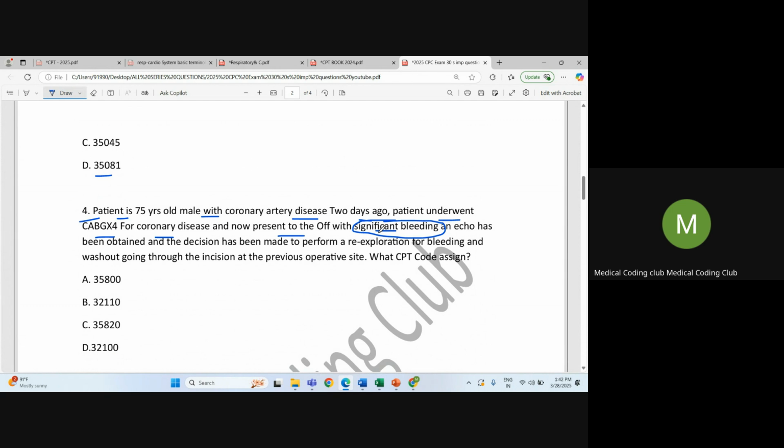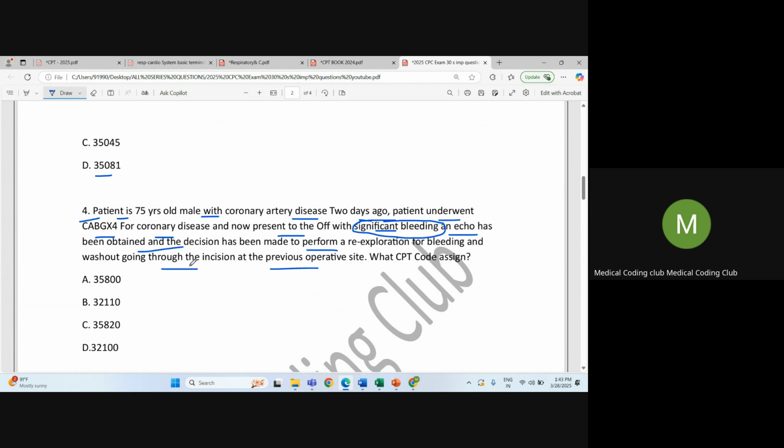After a CABG procedure, the patient may develop infection or thrombosis, or maybe bleeding. So here in our question, bleeding is the complication, and then an echo has been obtained and the decision has been made to perform a re-exploration for bleeding and washout, going through the incision of the previous operative site. So again, they are performing an exploration procedure, but for which reason? It is to treat the hemorrhage.